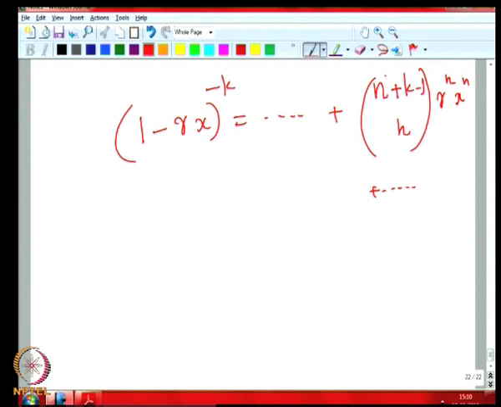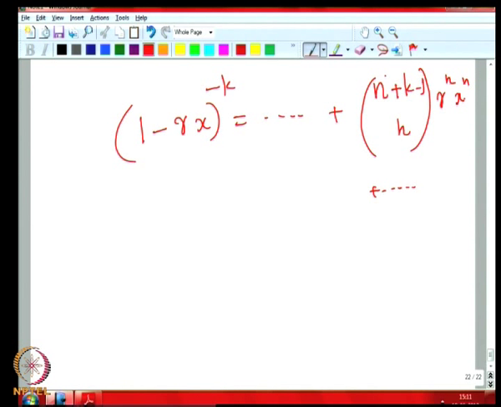We can substitute for the value of n. For instance, if you put n equal to 0 here, this will become k minus 1 choose 0 into r raised to 0 into x raised to 0, which is essentially 1. Then put n equal to 1, that will become k minus 1 plus 1, that is k choose 1, into r raised to 1.